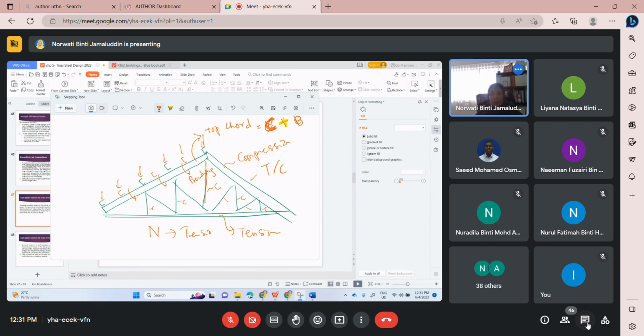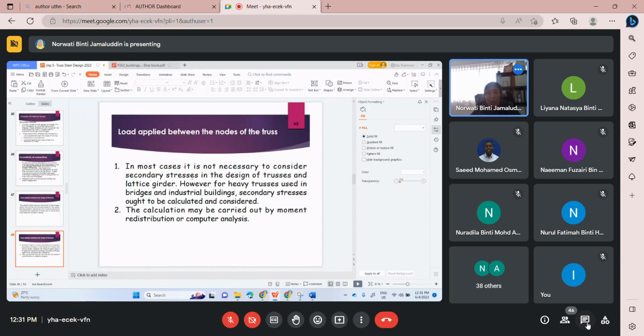So how can we perform the analysis? In most cases, it's not necessary to consider secondary stresses in the design of truss and lattice girder. However, for heavy trusses, bridges and industrial buildings, these secondary stresses ought to be calculated and considered. How can you calculate?